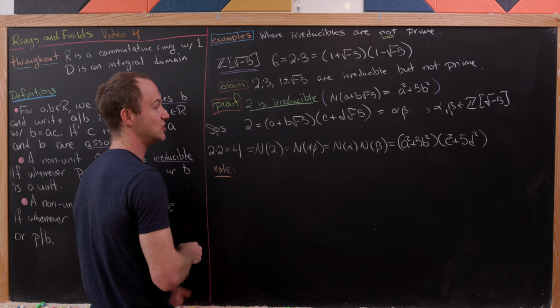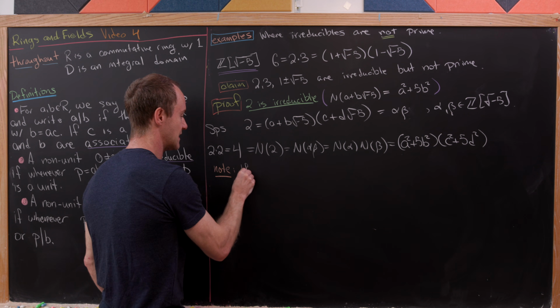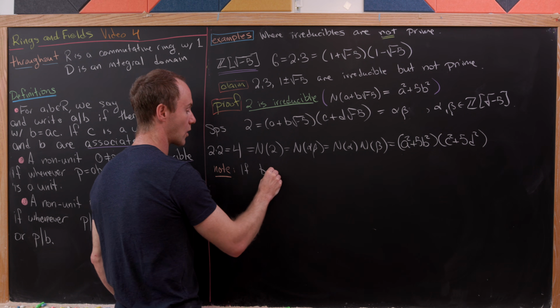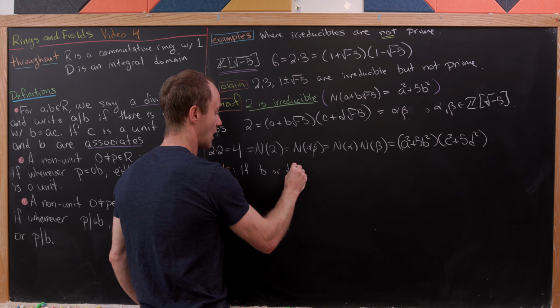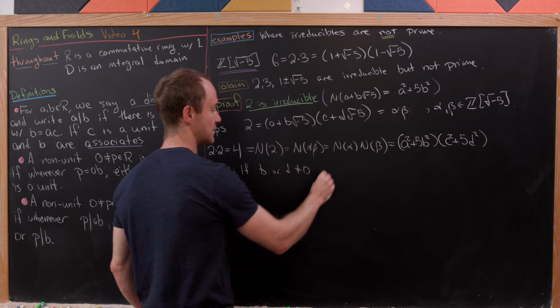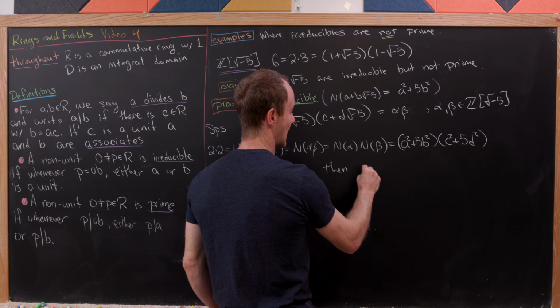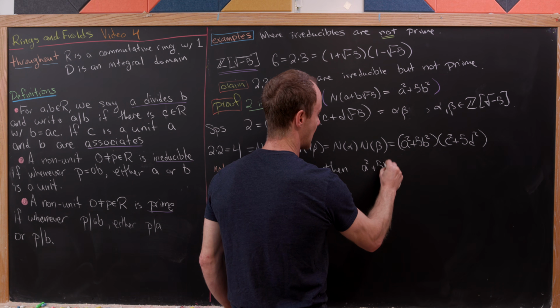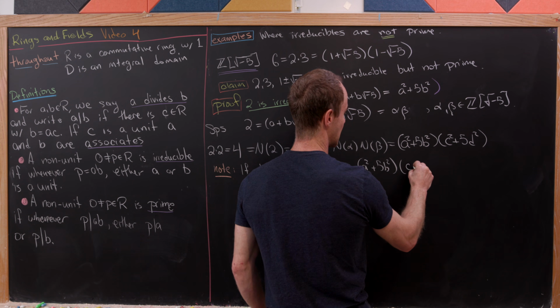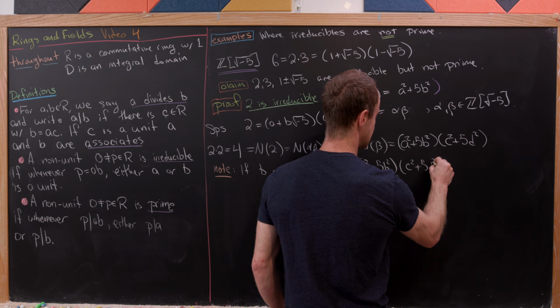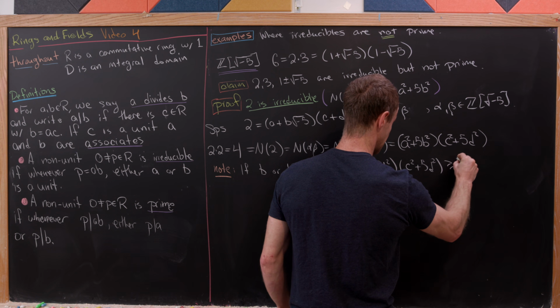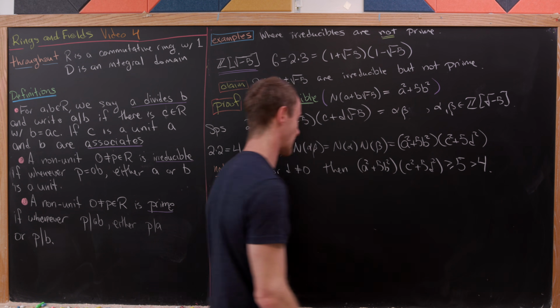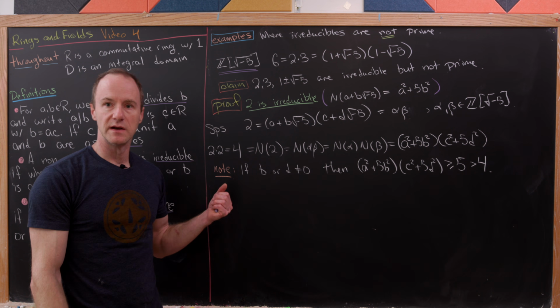So let's note that if b or d are non-zero, then a squared plus 5b squared times c squared plus 5d squared is bigger than or equal to the number 5, which is strictly bigger than 4. Now, why is that?